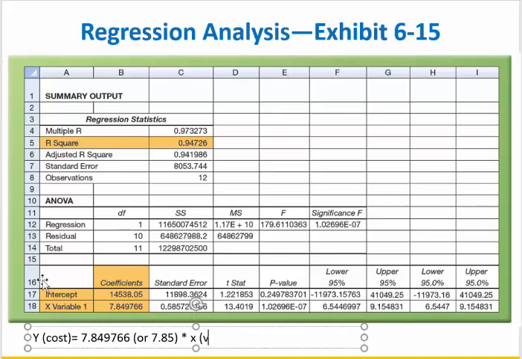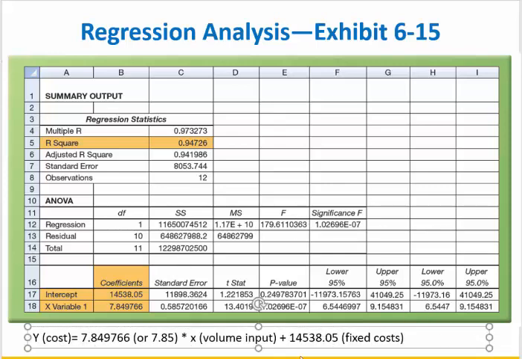So what is x? It's the volume data, the input. It could be whatever volume, mileage, hours, or number of units. Then plus the fixed cost, and the fixed cost is the y-intercept here, which is 14,538.5. So this is the fixed cost.